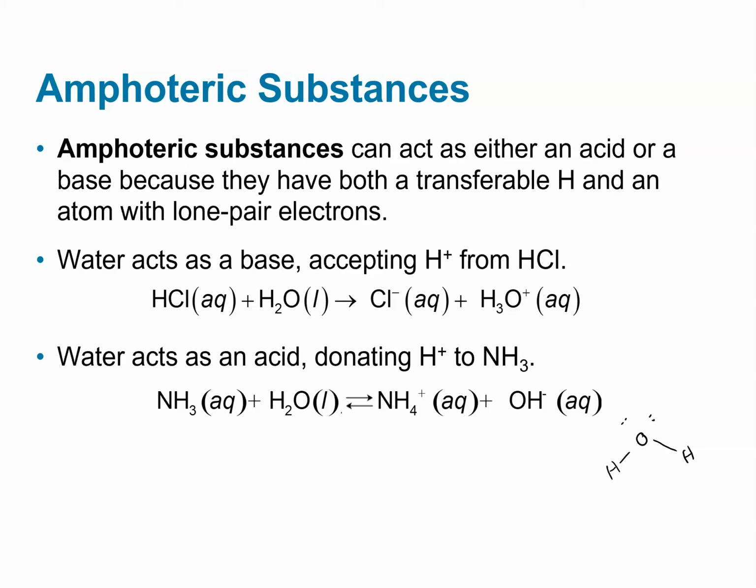So it's a pretty exceptional amphoteric substance. It's very easy for water to act as a base, like we saw in our previous example, where a strong acid reacts with water, forming hydronium. You can also have it act as an acid, where it reacts with a base, in this case ammonia, forming hydroxide.